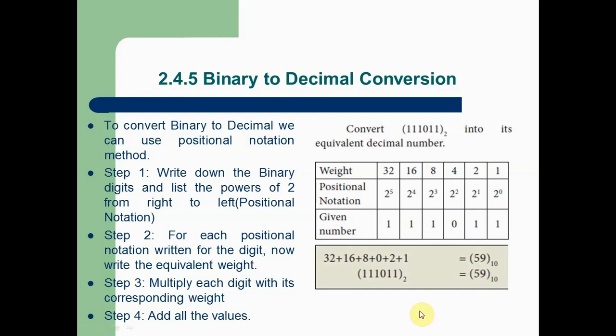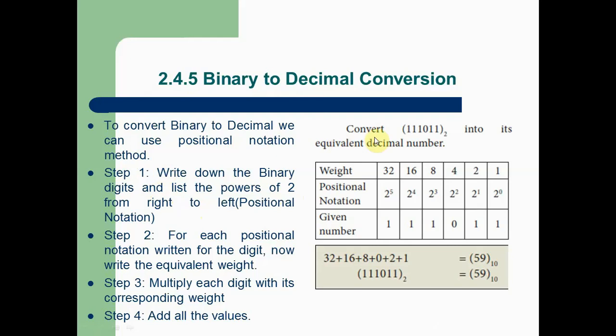So the next conversion is binary to decimal conversion. In this topic we are going to see how to convert a binary number to a decimal number. There are 4 simple steps. Step number 1, write down the binary digits and list the powers of 2 from right to left.